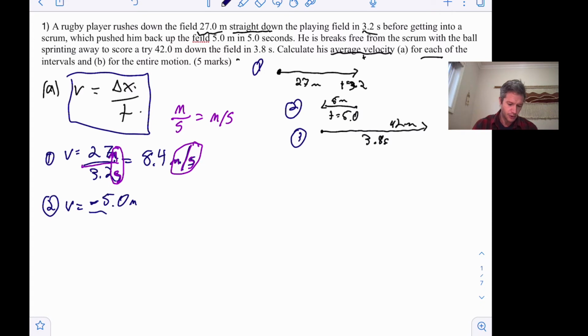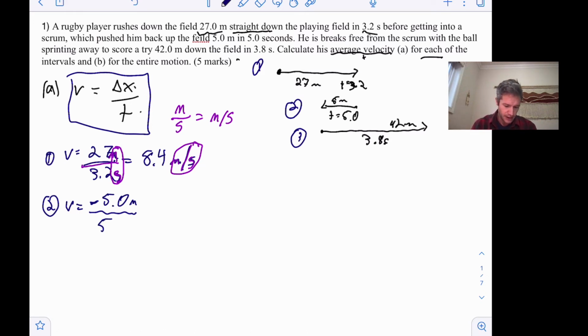5 meters over. Now time generally just moves forward, right? If you think about time, 5 minutes passes on your watch, 10 minutes passes on your watch. It's always in a forward direction, this change of time, right? So we'll keep this positive. Time keeps running forward, right?